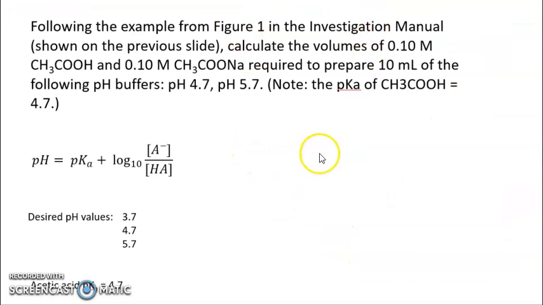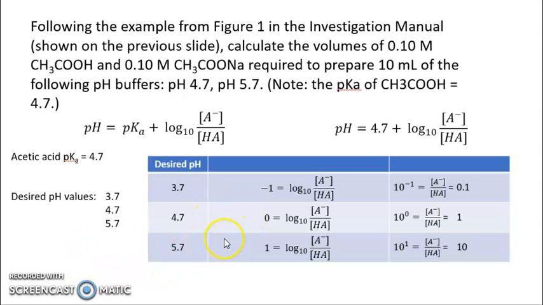I think I have the same information here on the slides broken out with a little more space. So we have our Henderson-Hasselbalch equation. We have 3 buffers we're going to prepare, and we know the pKa of our buffer. So we set up our Henderson-Hasselbalch equation.